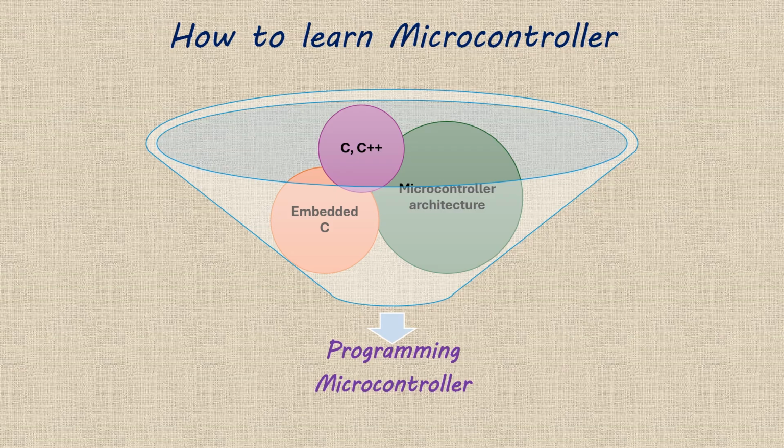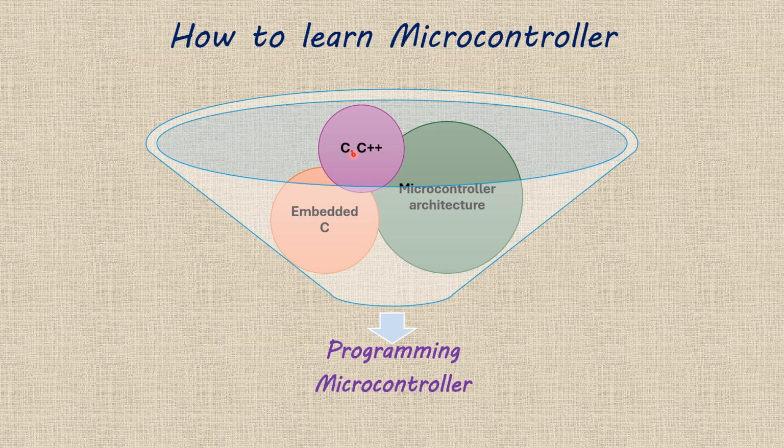To master microcontrollers, there are three essential things you need to focus on. Number one, learning the C programming language on a computer system. You can see here, C is the foundation of programming for microcontrollers.